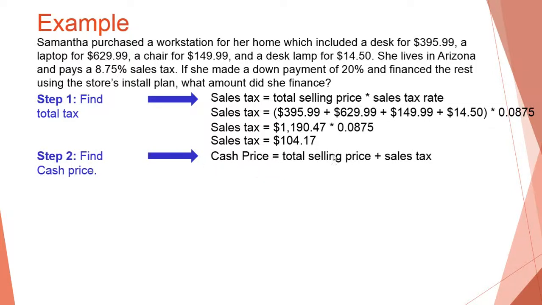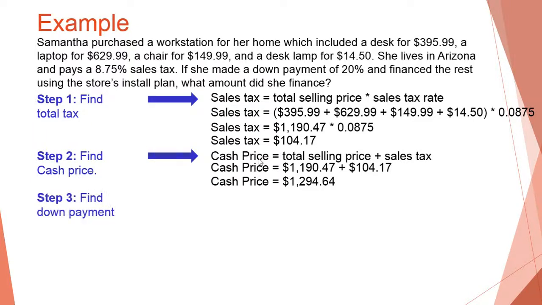We have that. Now we can find the cash price. Remember, cash price is the total selling price plus the sales tax. So we add that together, giving us $1,294.64. Now we can find the down payment.